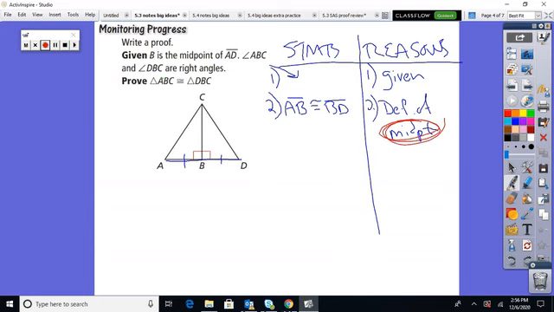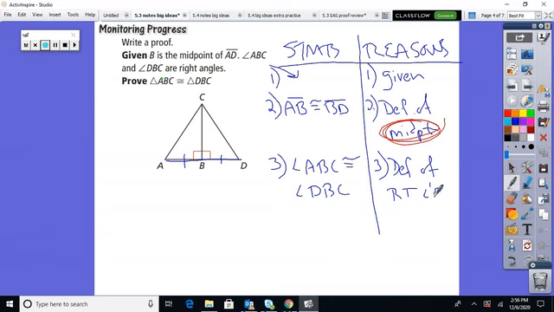So now, because they are right angles, we know that all right angles are congruent, so I can put these two angles equal to each other. So, angle ABC congruent to angle DBC by the definition of right angles.